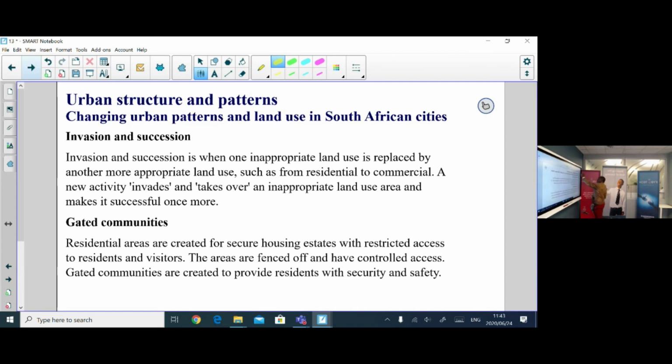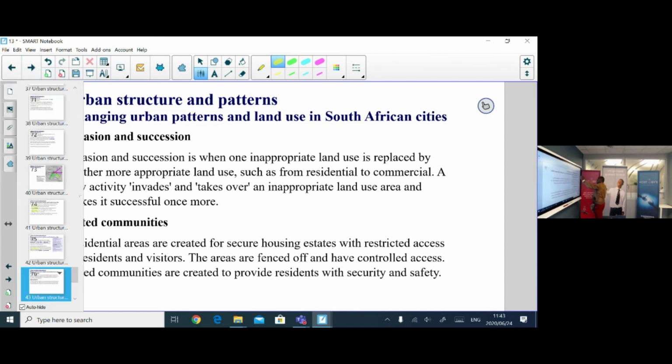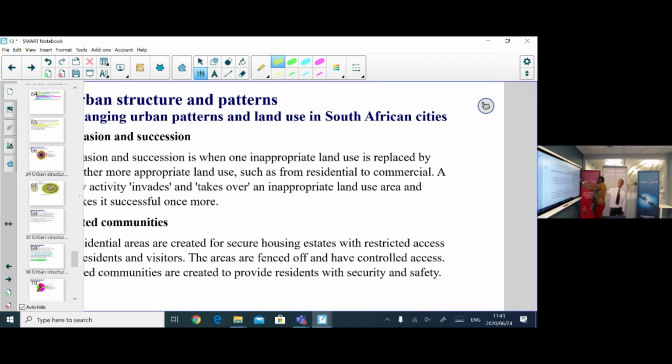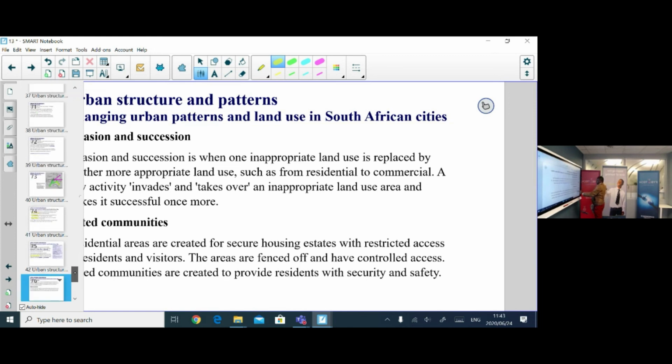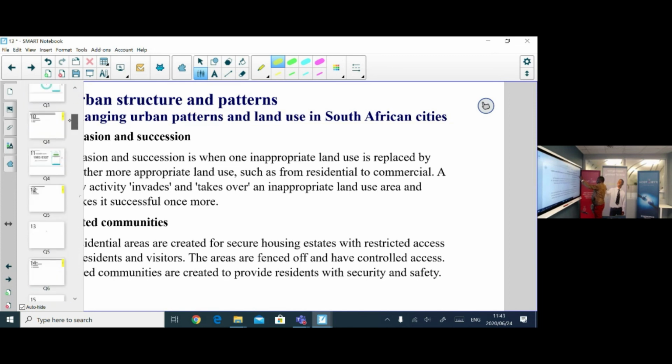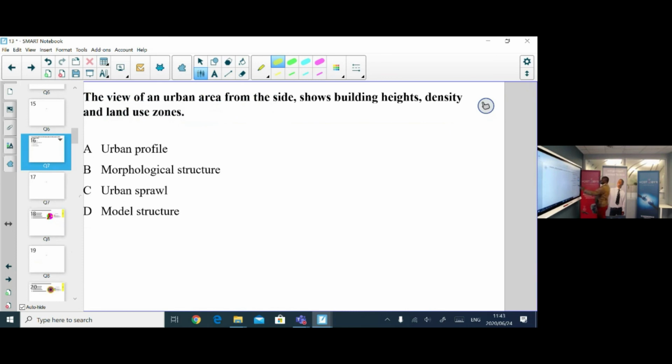So before we end this lesson, we just want to look at one or two questions. Right, let's just look at question 7, which is referring to the Hoyt.